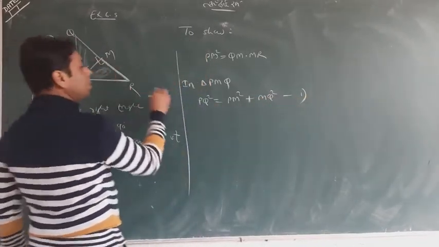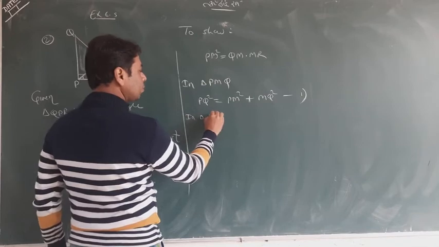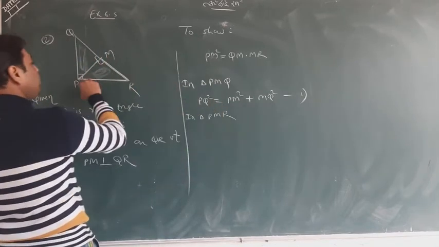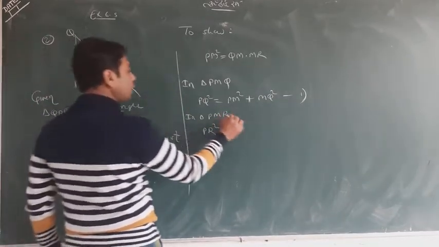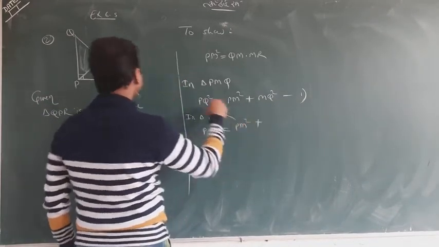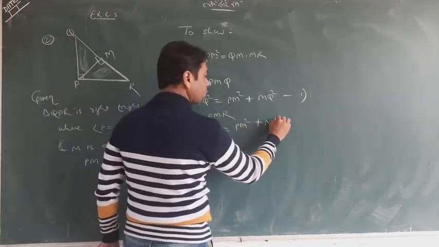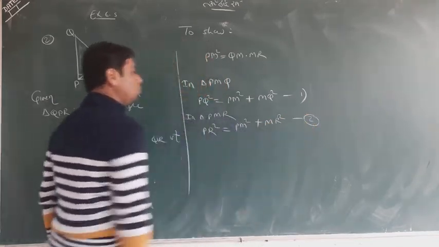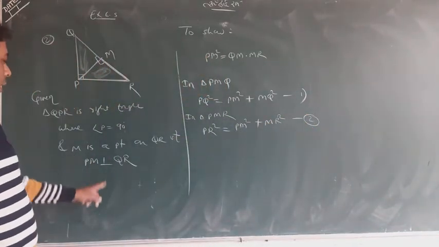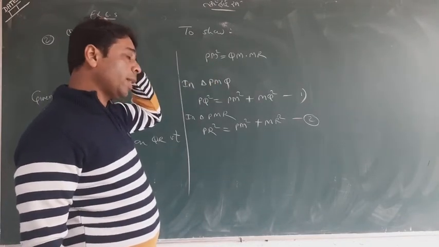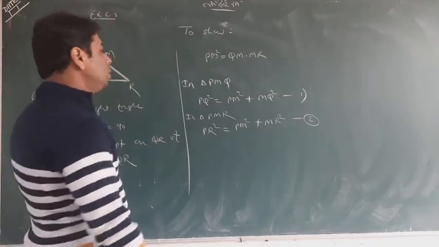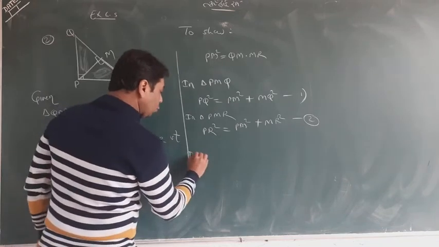In triangle PMR, we have PR square is equal to PM square plus MR square. Equation number 2. So here you have got it. I need PM square. Okay, I'll get it. No worry about it. So third one I want to take.